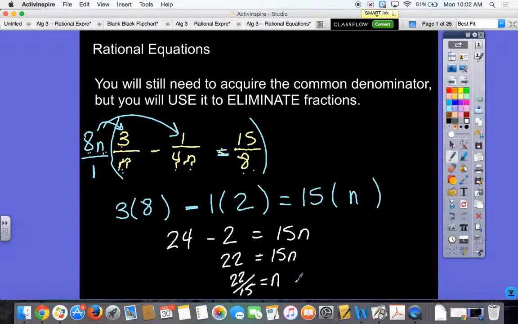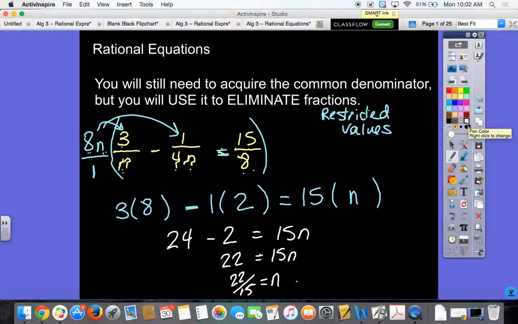Now, one thing to keep in mind with rational equations is something called restricted values. Restricted values are the values that your variable cannot have. Basically, your denominators are not allowed to equal 0, because everybody knows that you can't have 0 in the bottom of a fraction.